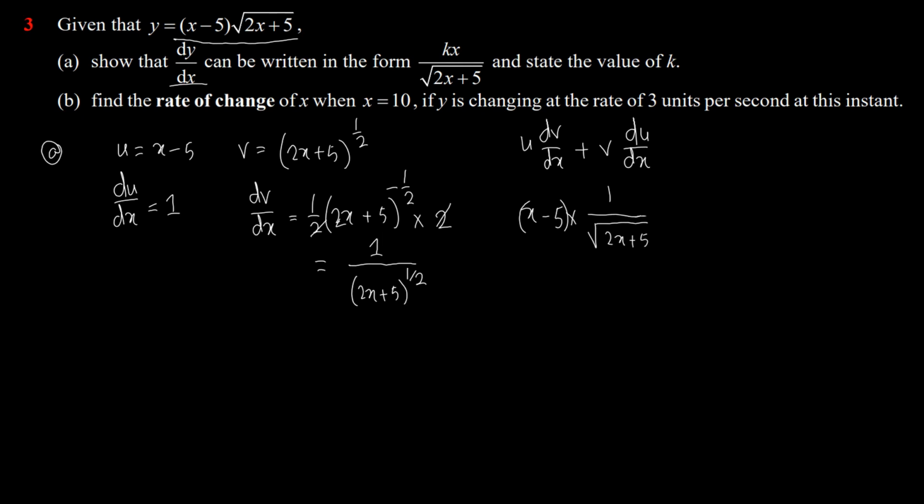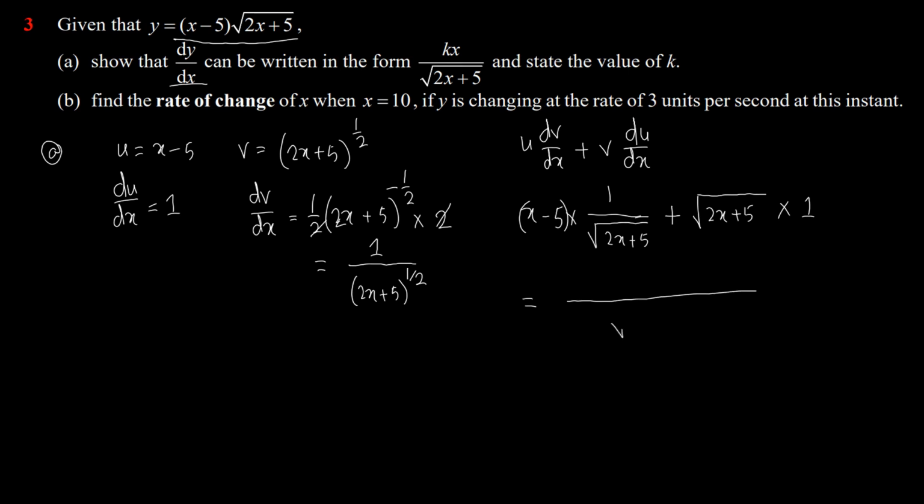Root and power half are the same thing, we know that. And v is given here, which we can write directly as root of 2x plus 5, and du by dx is 1. Okay, let me write the 1. Now we need to simplify that expression.